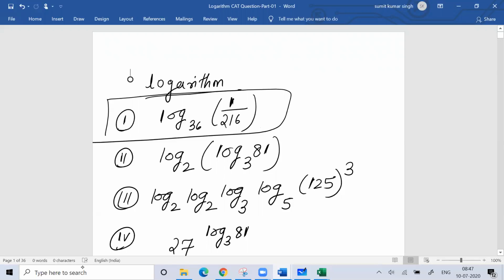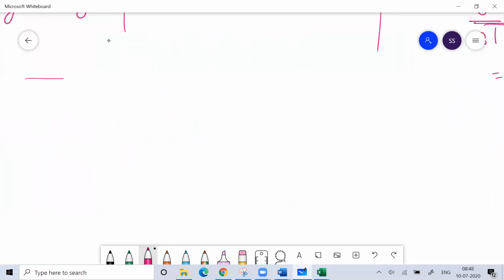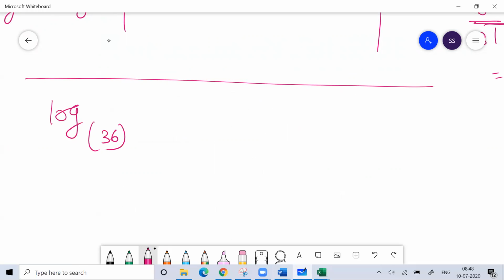So that you need to use here. 216 you can write like this, to the power negative. So you can write this as log base 36 of 1 by 216. This is what you have to solve.